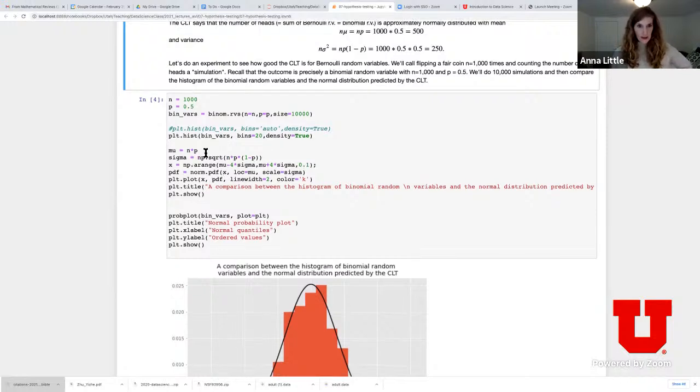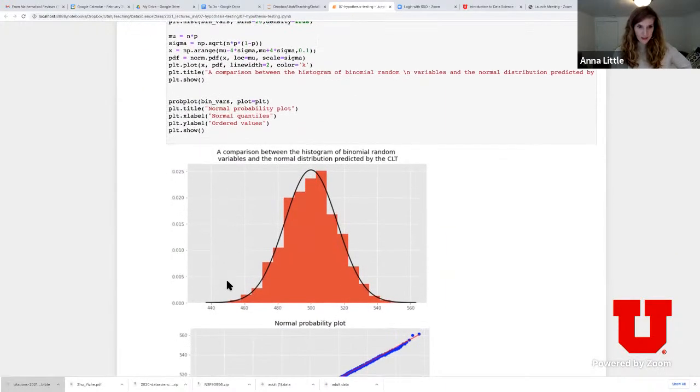Let's see what that looks like if we make these plots. Here you can see the histogram of the binomial, and then you see the density curve of the corresponding normal approximation. It's very close, right?